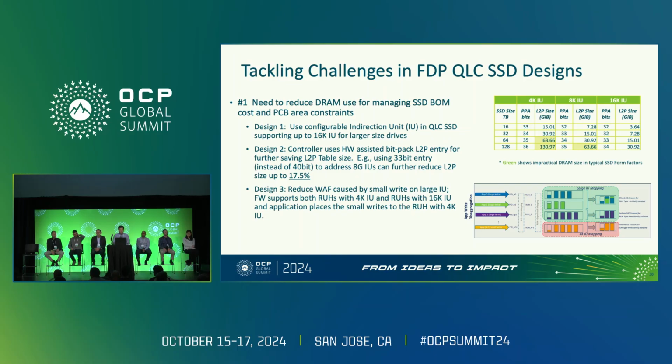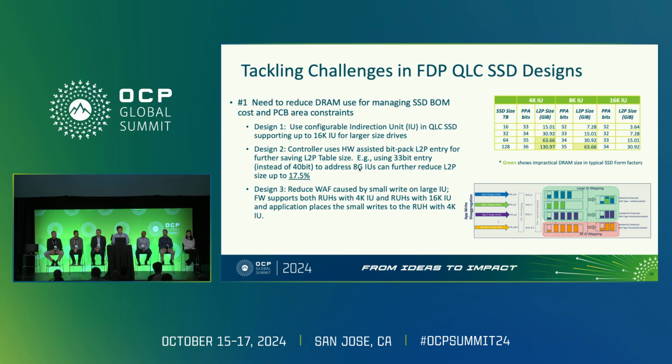This is good, but on the controller side, we're thinking of supporting mixed IU sizes in the same SSD. So for the small writes, we can let the application place them to the handle with 4K IU.